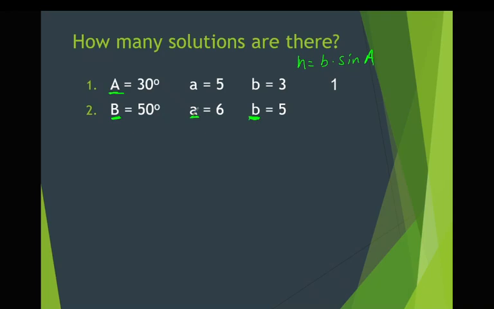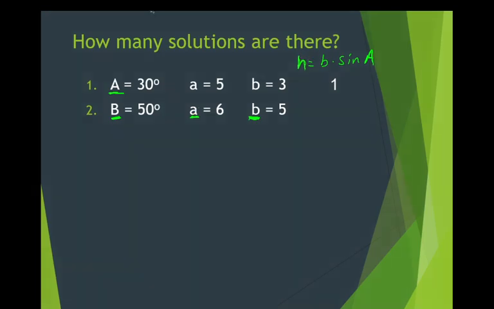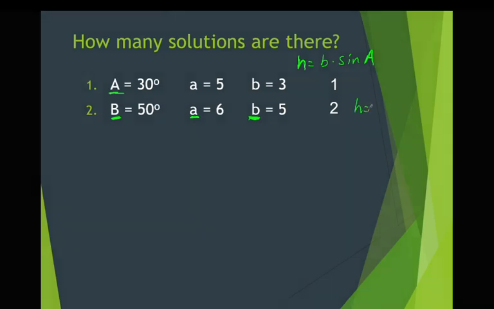So now I've got to check my height. Again, I go back to my equation, my height, and see if there are, in fact, solutions. And yes, it's bigger than the height, so I have 2. And if you check the height on this one, the height is actually 4.6.